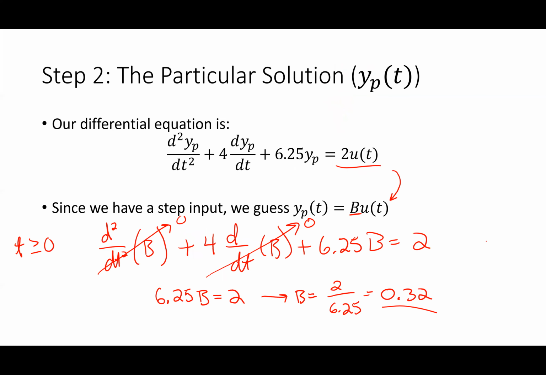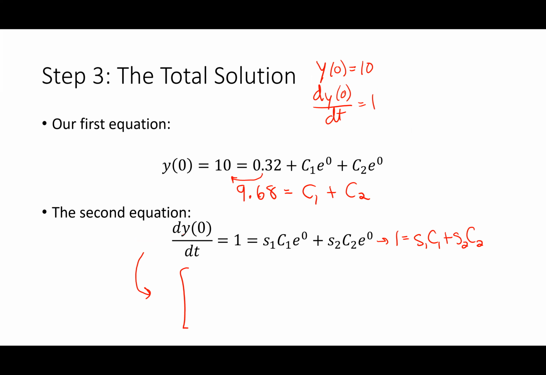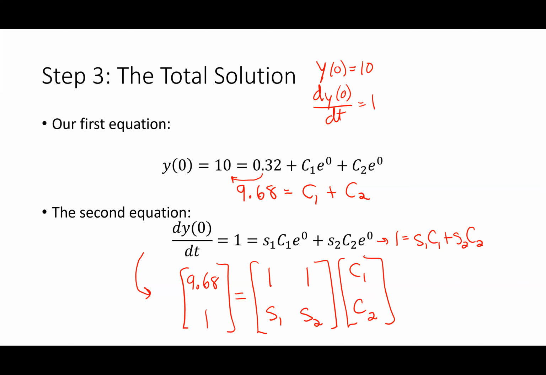They're known, they're here. I just don't want to write them out because it's ugly. So I've got two equations and two unknowns. I'm going to put it like this: 9.68 and 1 are equal to the matrix 1, 1, S1, S2 times C1, C2. You guys follow what I did there? All right.